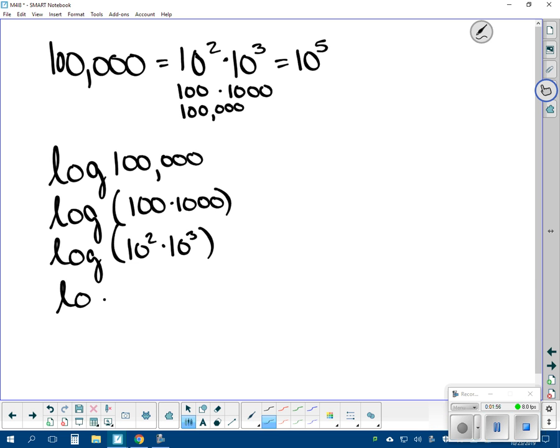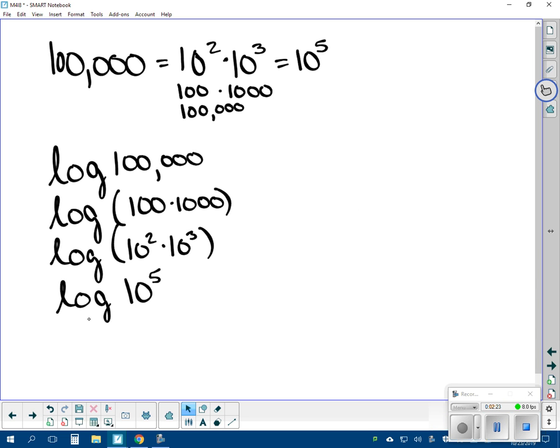So I think I could also rewrite this as log of 10 to the fifth power, because when I'm multiplying bases, I add the exponents. Hopefully you are agreeing that this is all valid. Well, we know it's a common log, so what would log base 10 of 10 to the fifth be?